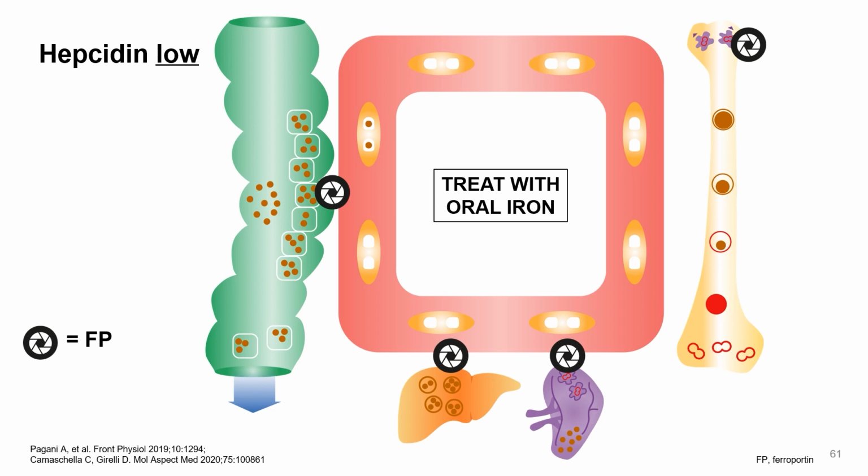So if you have a patient with iron deficiency anemia, which is a simple iron deficiency, there are no other conditions such as inflammation or cancer, hepcidin should be low and iron absorption will be easy, and you can treat such a patient quite easily with oral iron.